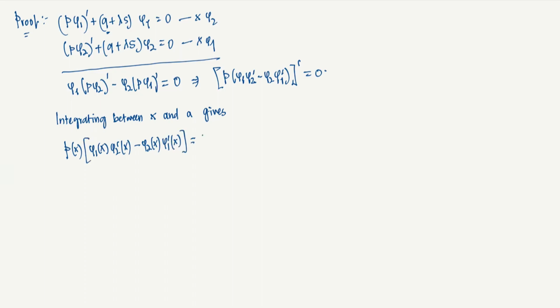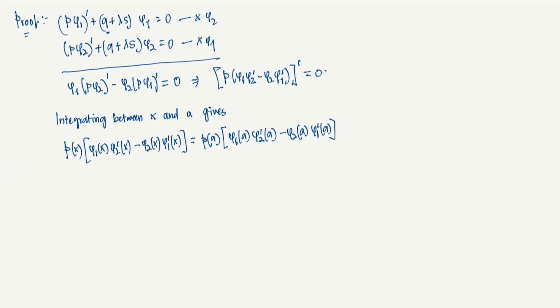This equals p at the point a phi1 at a phi2 prime at a minus phi2 at a phi1 prime at a. This is what we are going to get.